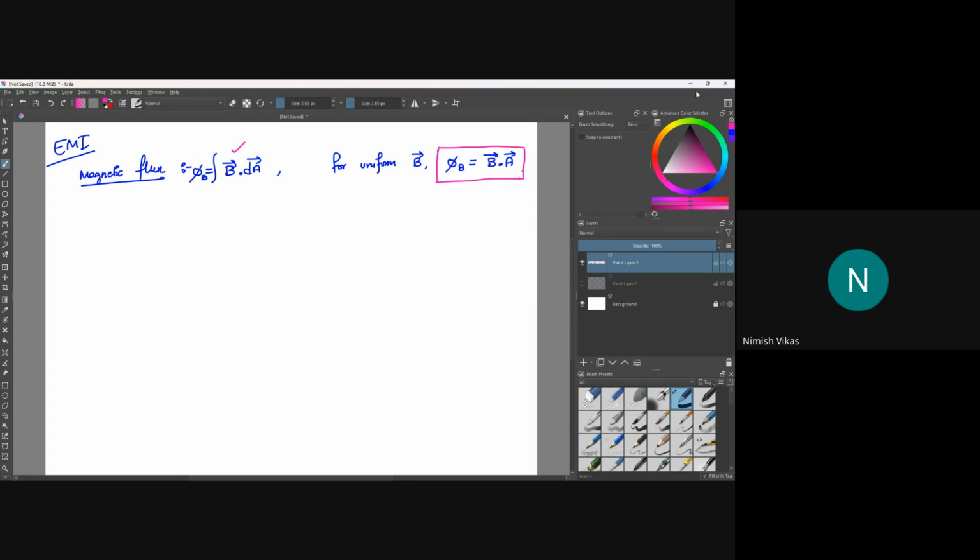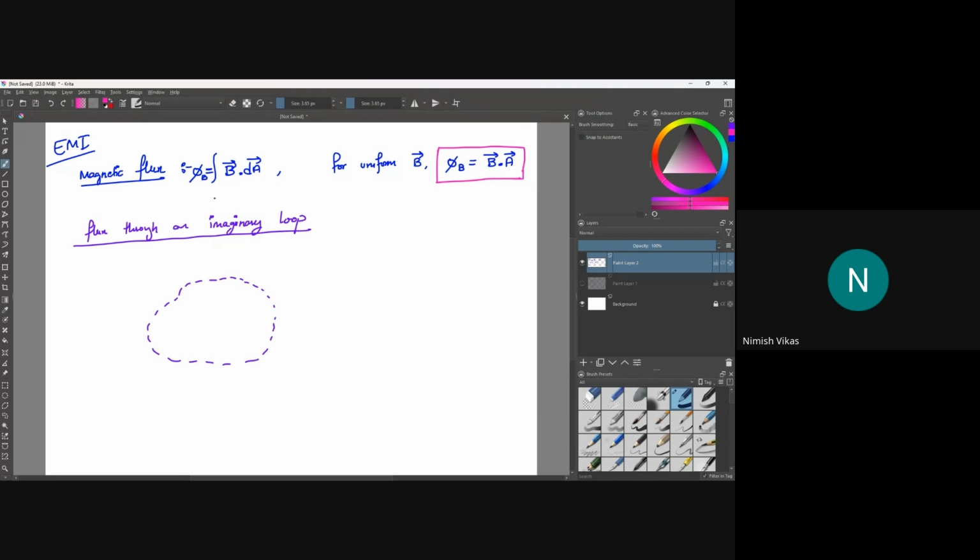Otherwise, it's just B dot A. So what we're going to do is find the magnetic flux through an imaginary loop, which doesn't really exist. It only exists in our mind.